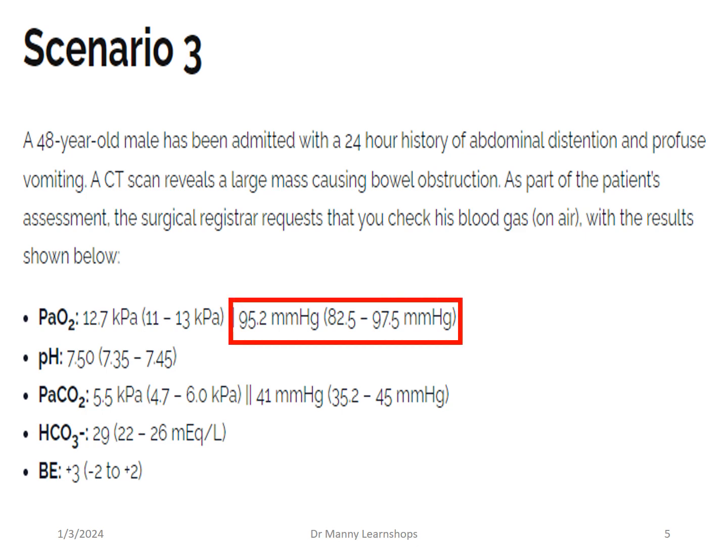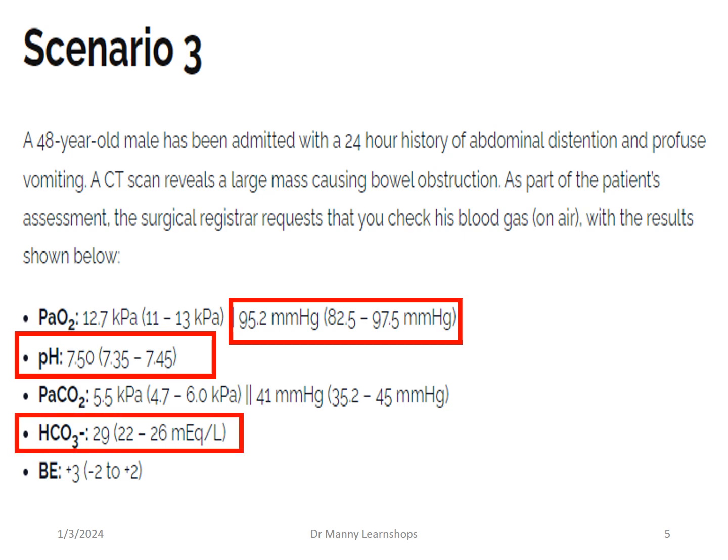So we have a PaO2 that's normal. 80 to 100 millimeters of mercury we said was normal. Then you have a pH which is high, indicating alkalemia. We look at the bicarbonate and it's high, indicating alkalosis.